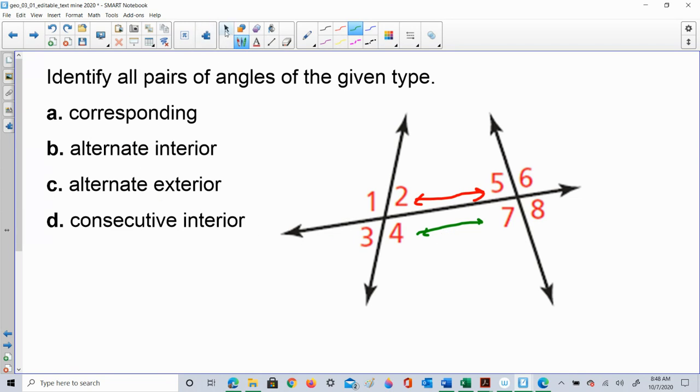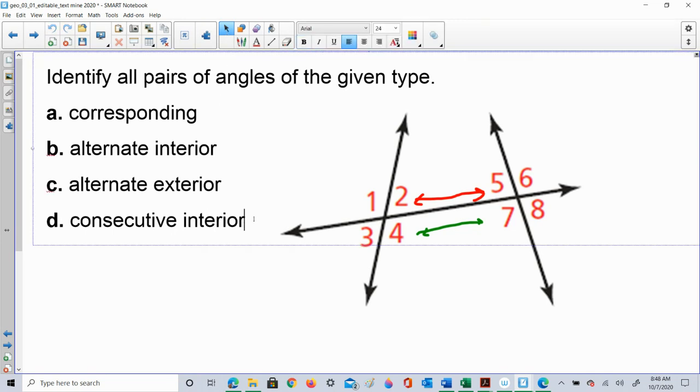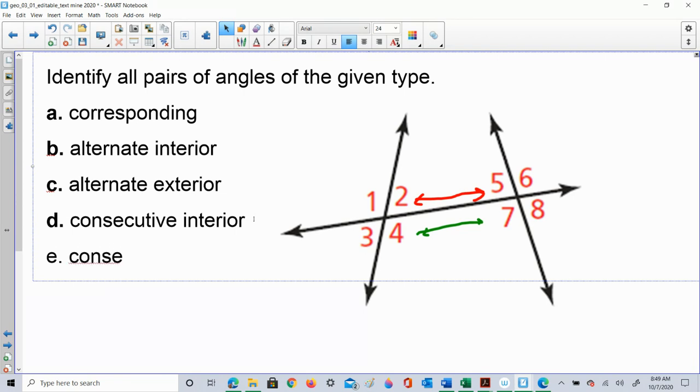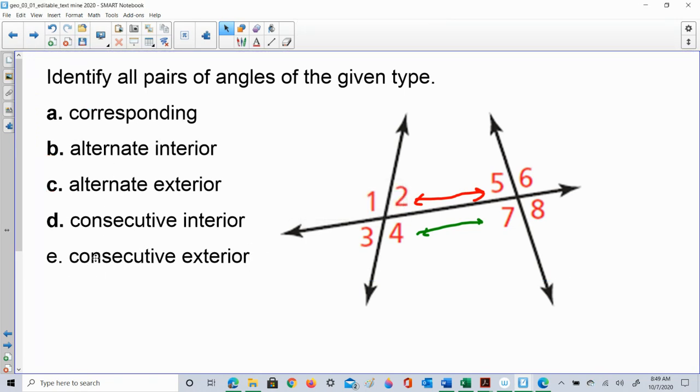Now I didn't have consecutive exterior. Let's see if I can put that in. Consecutive exterior. And save that so it stays there. So consecutive exterior angles. Clear the ink.